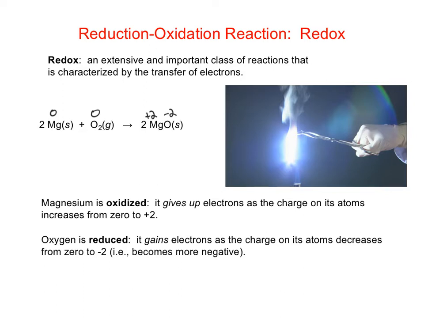And so sometimes it can be hard or easy to get these terms backwards, right? So the way I always remember it is the charge on oxygen went from 0 to -2, so I would say that charge was reduced. So that's how I remember that the one that gains electrons, its charge becomes more negative, that's the one that's reduced. And the ones that become more positive, the ones that lose electrons, those are oxidized.